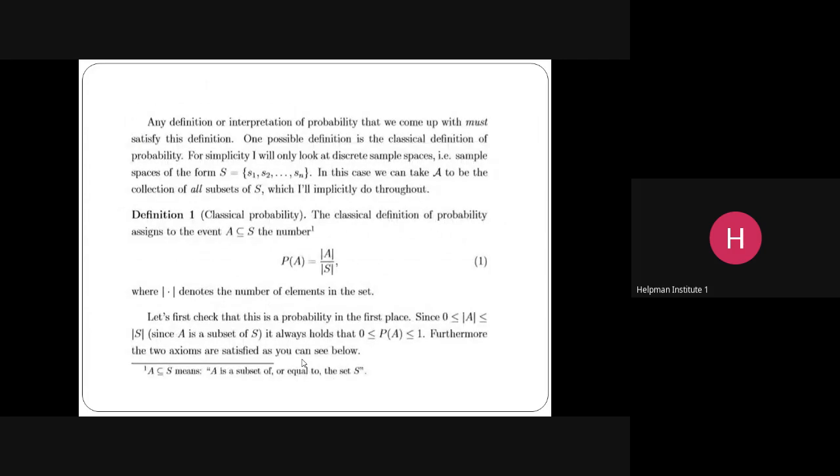Now, any definition or interpretation of probability that we come up with must satisfy the definition above that we give. We say that the probability of an element of a subset must lie between 0 and 1.